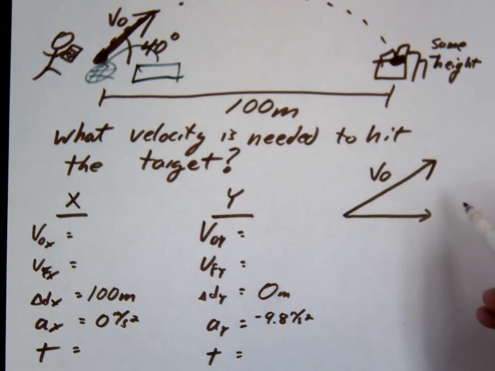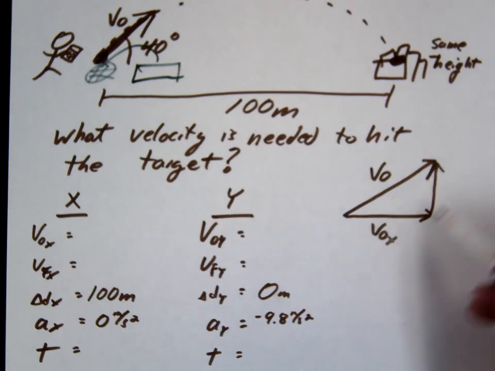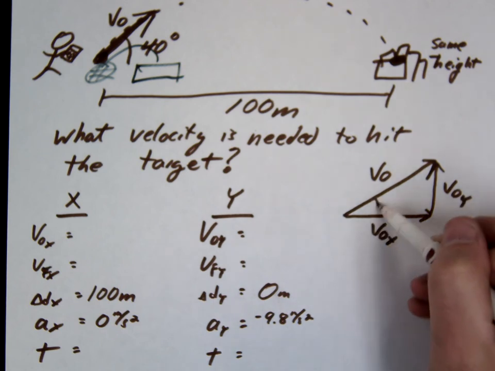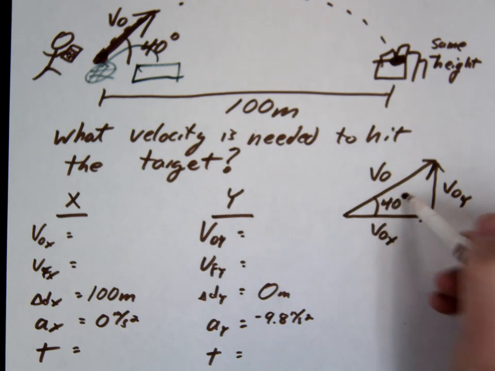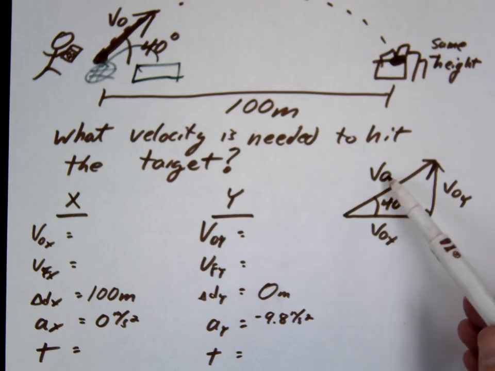and even though we don't know V initial x and V initial y, we do know a little bit about them because the angle was provided. So for example, if I said this was 20 meters per second at 40 degrees, you would have no problem solving this, right? What would you say this was? 20 cosine 40.